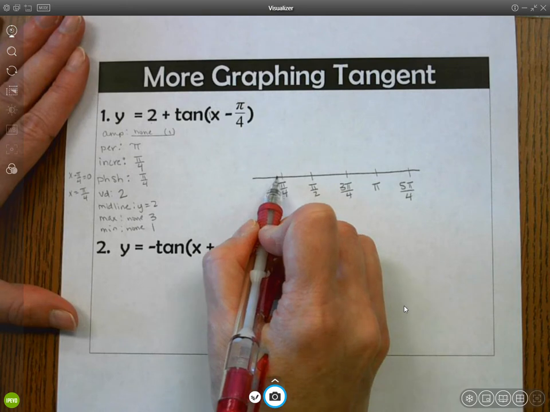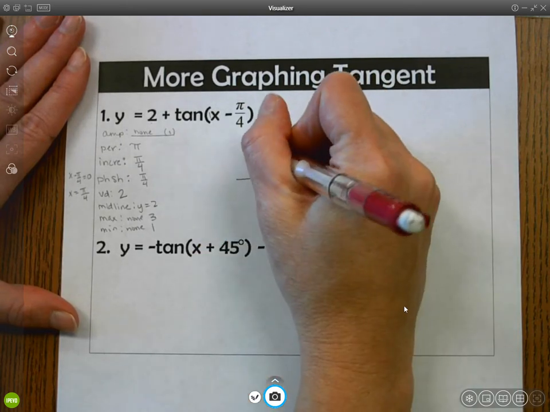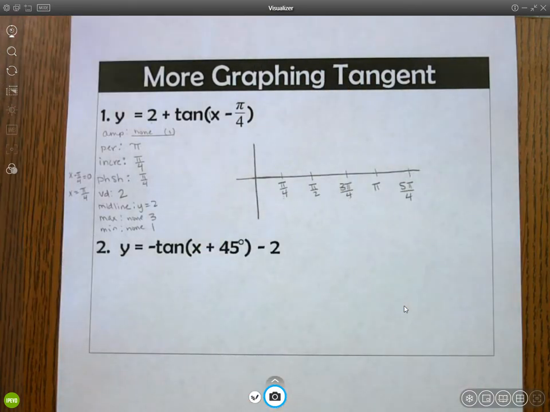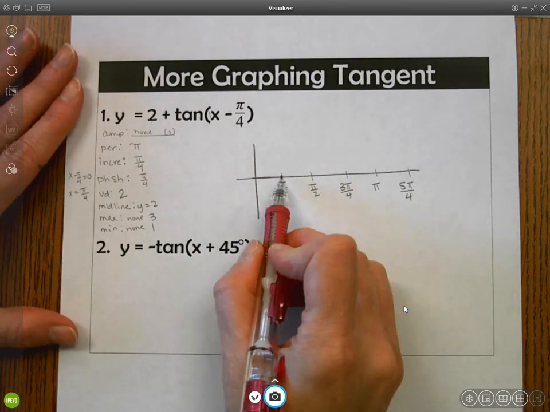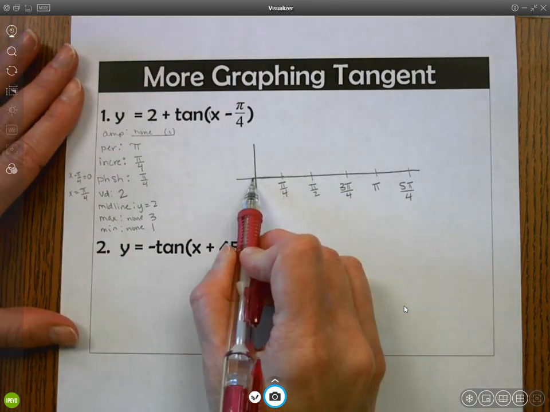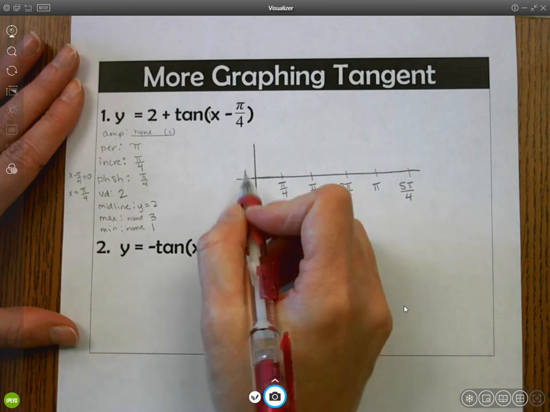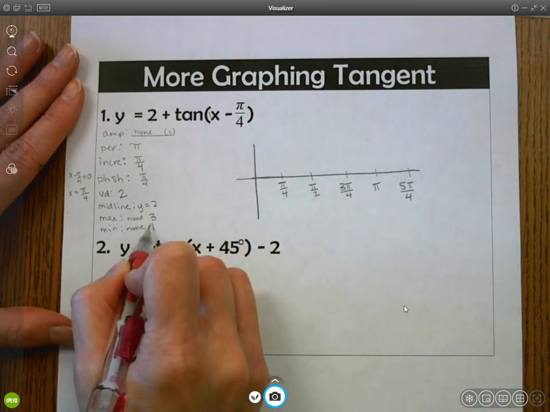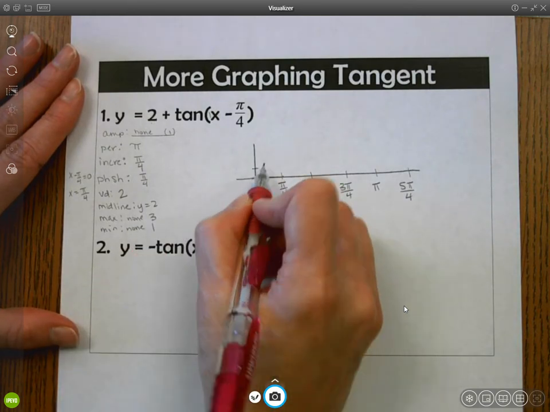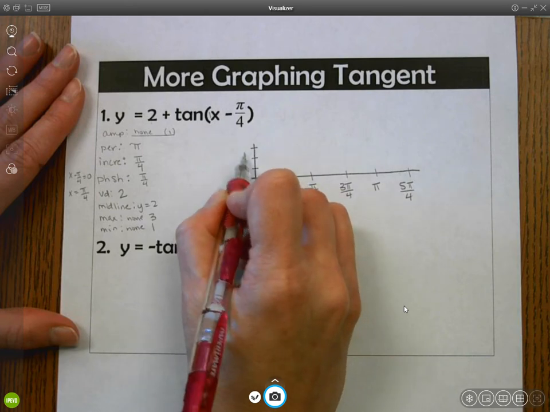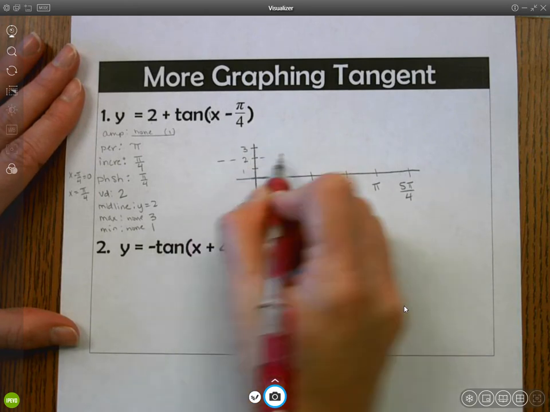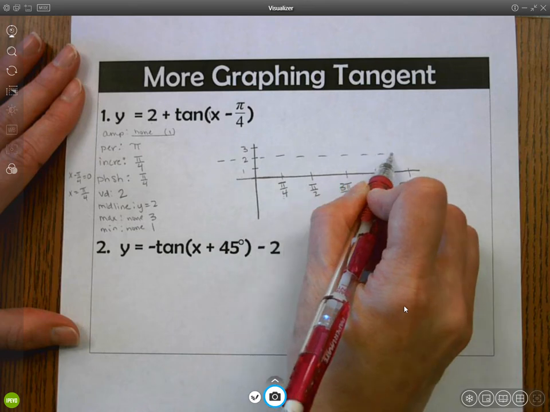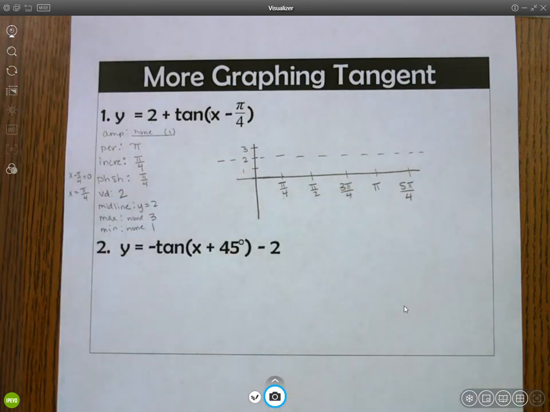Once you have the x-axis labeled, you can put your y-axis where it goes. Since these were counting by a fourth, I got to go back a fourth to get to 0, so I just spaced it about the same. Your y-axis, you're going to need a 1, a 2, and a 3. Remember that I only label the things that I'm using, and that's just to help me not get confused.